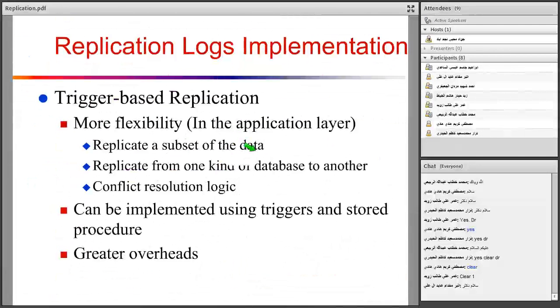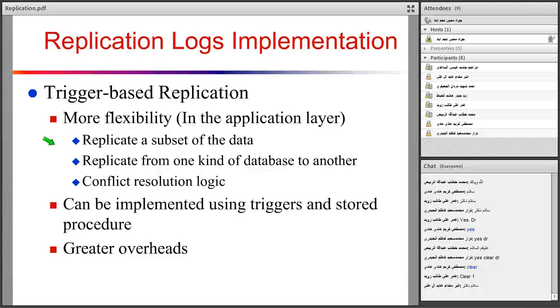Another method is trigger-based replication. This technique is more flexible. In this technique, a specific feature of the database, the trigger, is used for replication. A trigger is a process of the database that can activate when some data are changed.